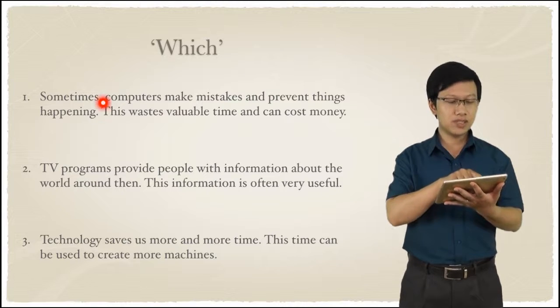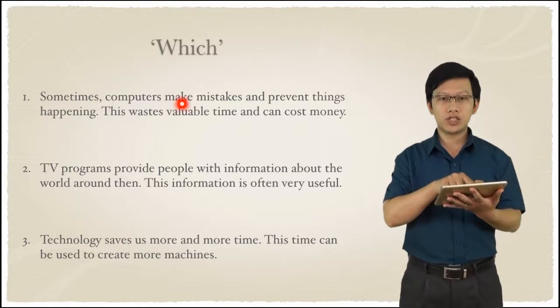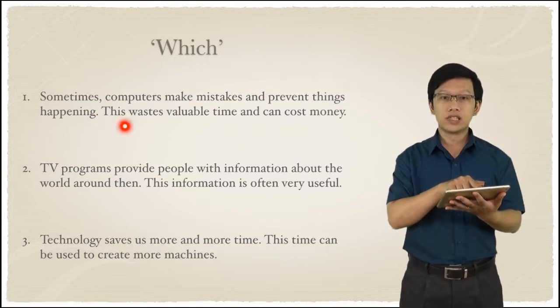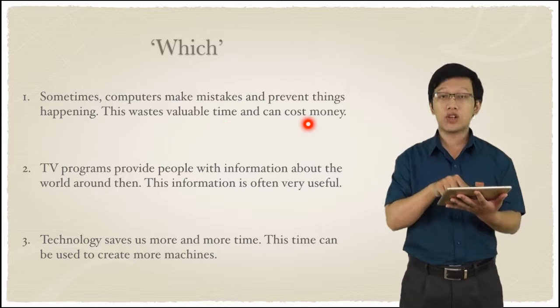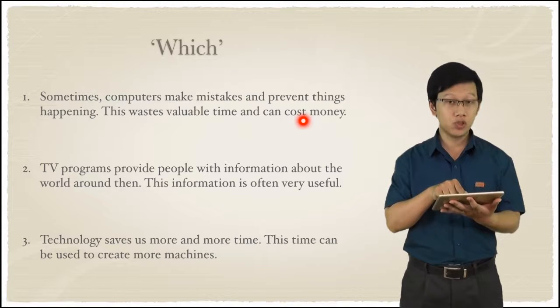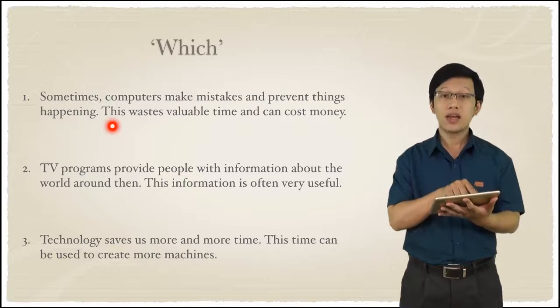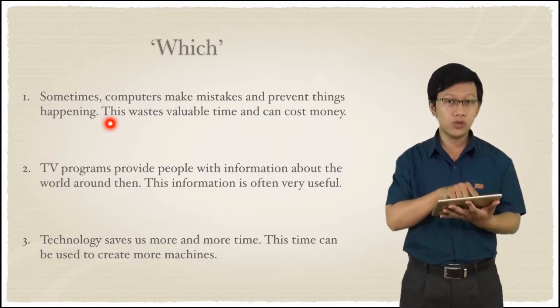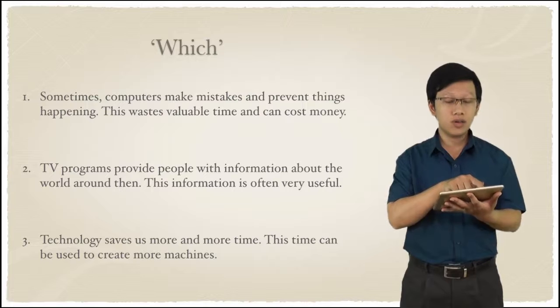For the first sentence, we say: sometimes computers make mistakes and prevent things happening. This wastes valuable time and costs money. So I'm going to ask you, what is the relation between the two sentences? This here is the relation. This refers to the whole clause.